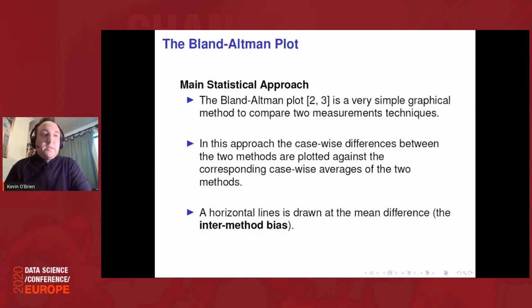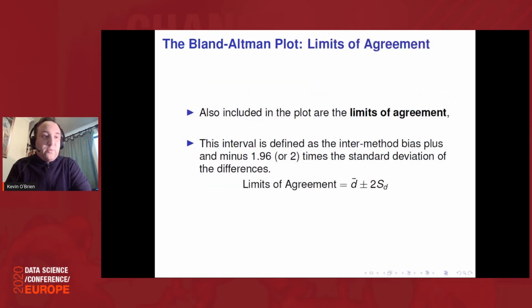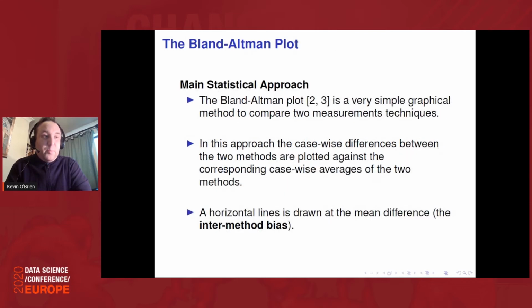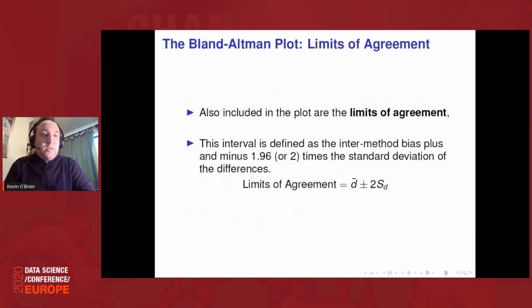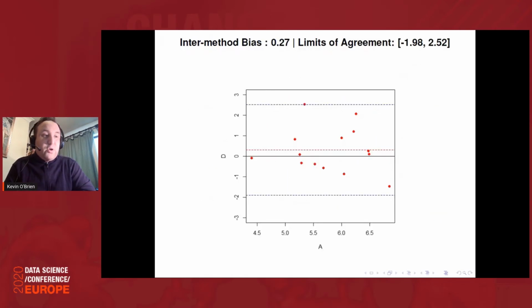Something I'd like to point out is the main procedure here, called the Bland-Altman plot. I'm just going to show some slides here, because there's a lot of detail, but you can read up about it. Essentially, it is a very simple plot. I'll show the code here. This is a Bland-Altman plot.